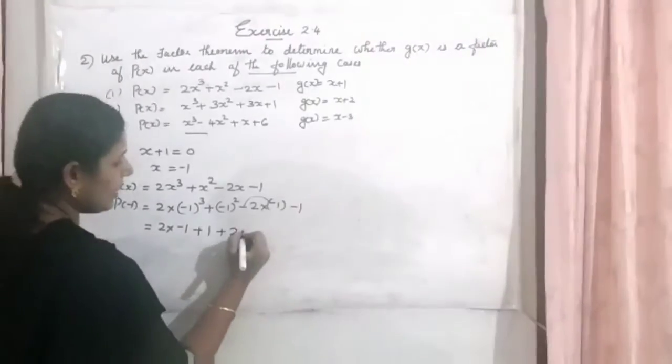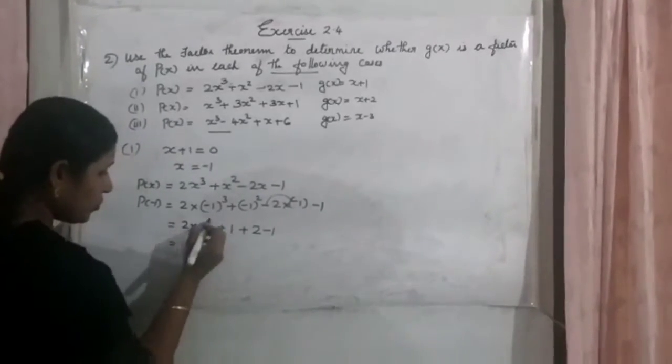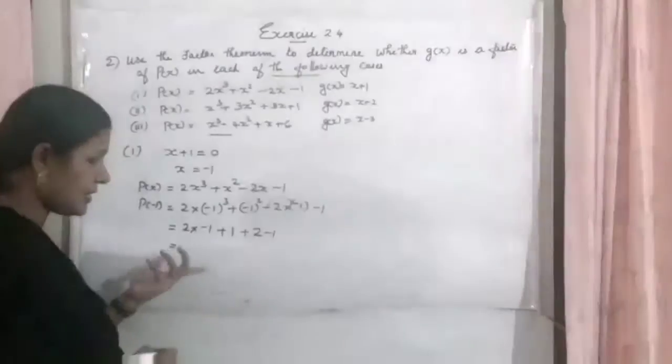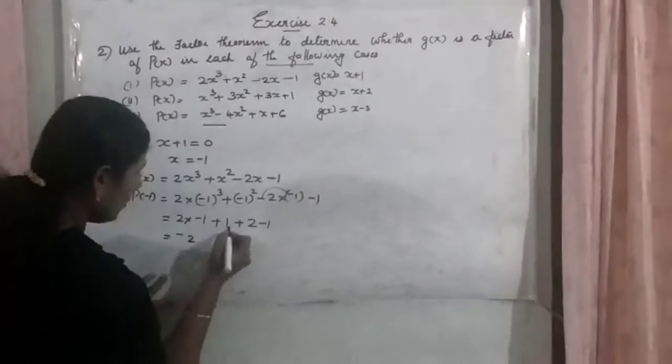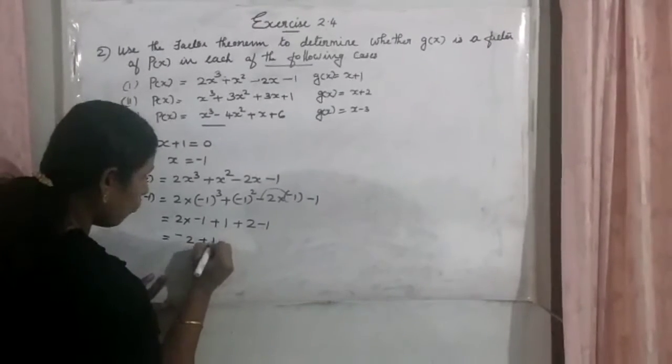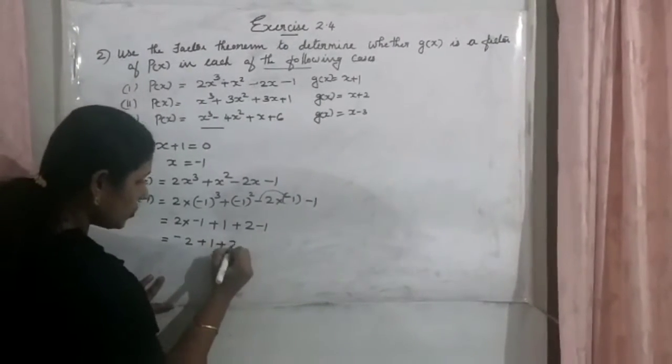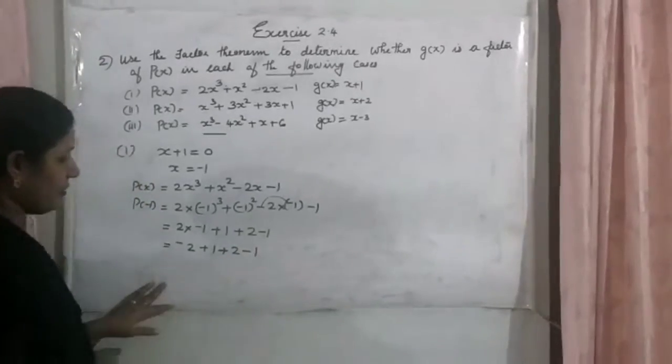Then minus 1. Now 2 into minus 1, plus into minus is minus, and 2 into 1 is 2. Then plus 1 plus 2 minus 1.